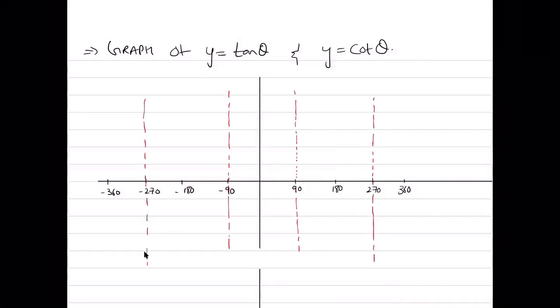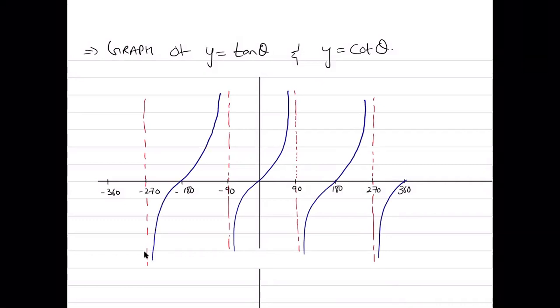This is just the graph of basic tan theta, and the shape comes like this. You have done this in P1. This is the sketch for tan theta, right?